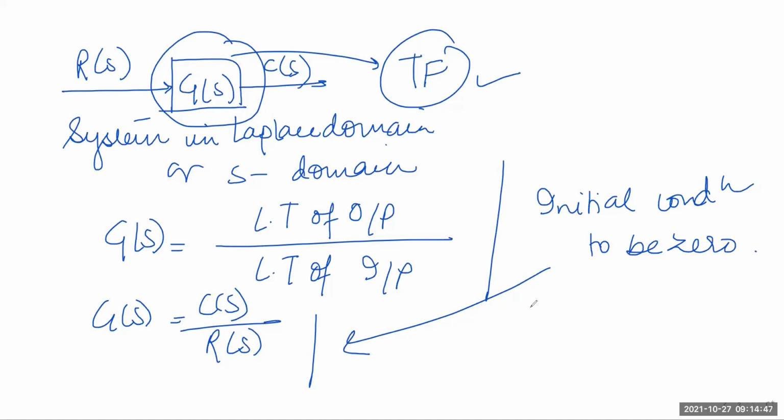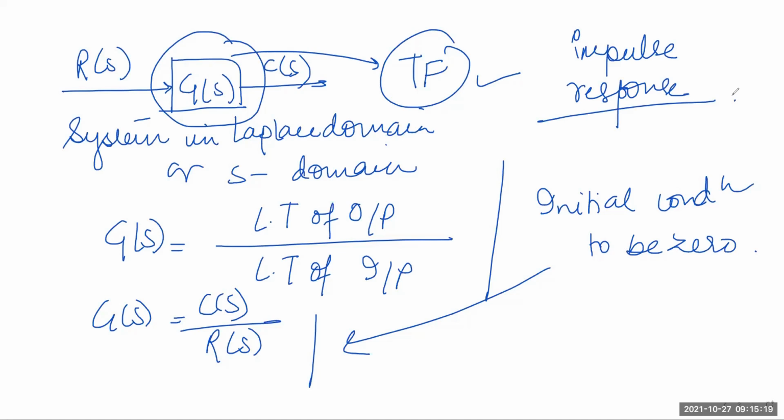Next, we will talk about the properties of transfer function. First property, listen carefully: the transfer function of a system is the Laplace transform of its impulse response, under the same condition of zero initial conditions.